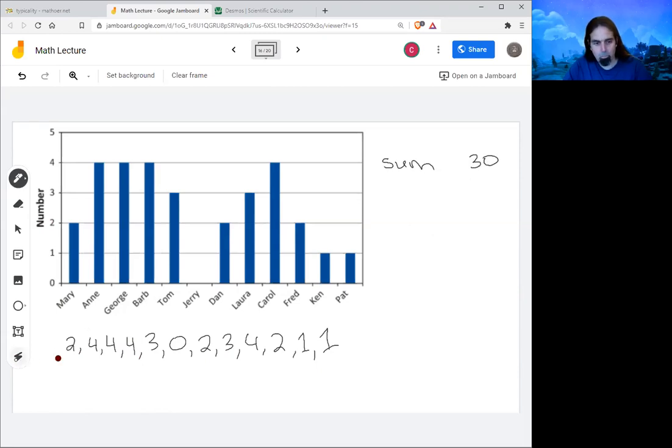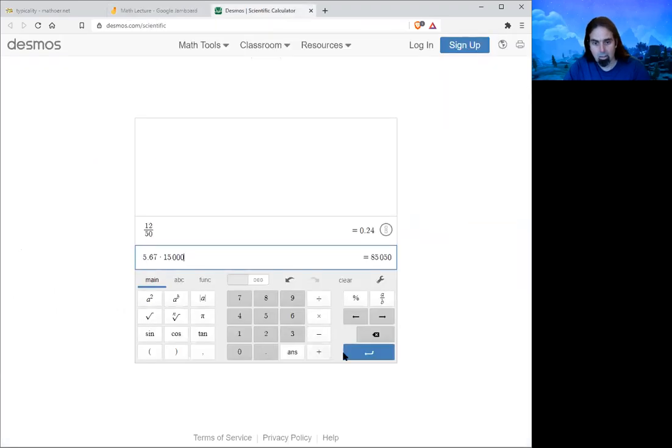How many are there? 1, 2, 3, 4, 5, 6, 7, 8, 9, 10, 11, 12. So the mean is going to be 30 divided by 12. 2.5.